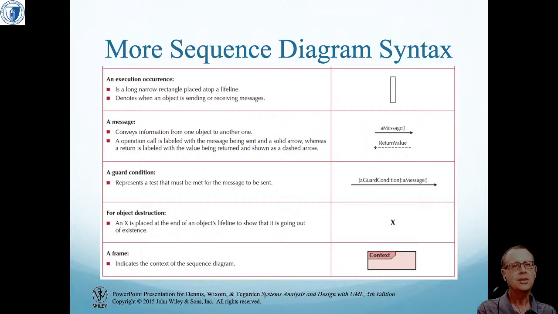An if condition on whether a message happens or not. Sometimes those guard conditions are put within context, and you put the guard condition where the word context is in the box at the bottom there. An X on a timeline indicates the object can be destroyed.